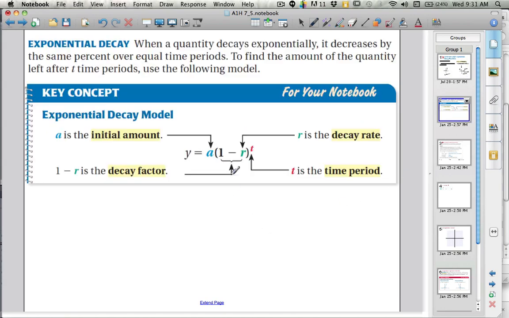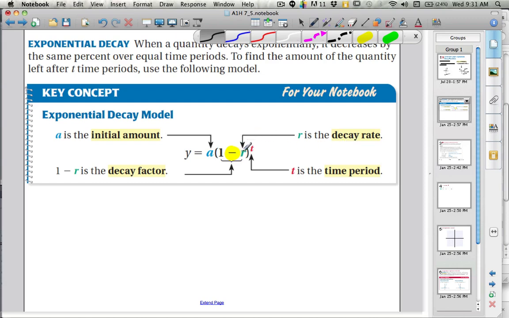So when we take a look at an exponential decay model, you'll notice that the thing that has changed from growth is that instead of an addition inside the binomial, we have subtraction. It's not a growth rate because it's less than 1, so it's not a growth factor, it becomes a decay factor. So r is the decay rate.